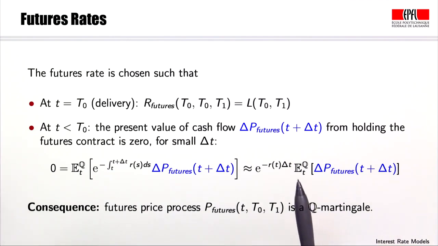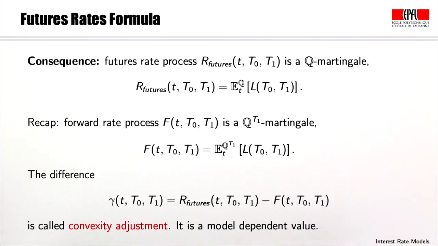We infer that the conditional expectation has to be 0. But this just means that the futures price process is a martingale under Q. Because the futures rate is linear in the futures price, we conclude that the futures rate process itself is a martingale under Q.